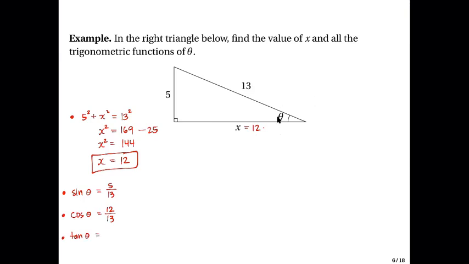So TOA: you have here 5, this is the opposite, and then the adjacent is equal to 12. Again, if you still need this, let us write SOH CAH TOA. This is the hypotenuse here, this is the adjacent side, and this is the opposite side.